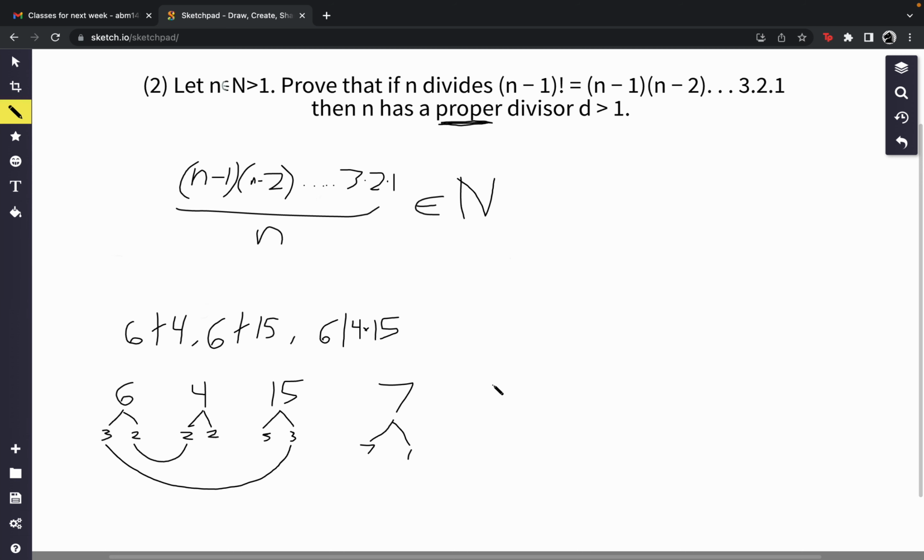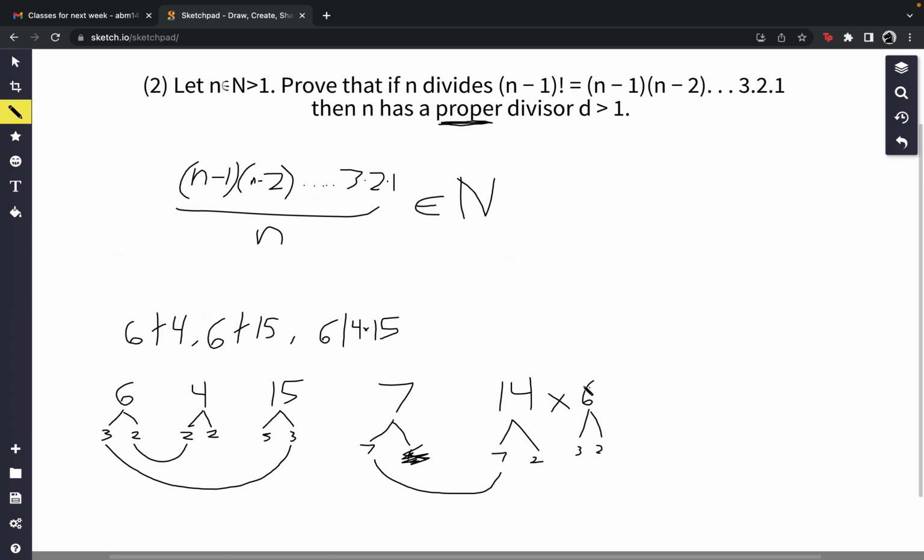You could see, like, if you have 14 and 6, you're going to get the 7 and the 2 here, and the 3 and the 2 here, and the 1 is irrelevant here. Like, that might as well be crossed out. So it's going to be able to divide this product, 14 times 6, because it divides 14.